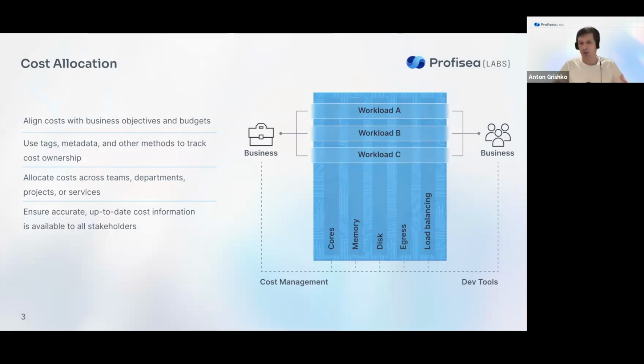And what does it mean? It means that, first of all, you need to decide between the technical side, the business side, and the company side. You need to decide what amount of costs you're going to align to this project, or this workload, or this business unit, and so on. So basically, you need to be aligned with your company and with your business goals in terms of spending money on the clouds.